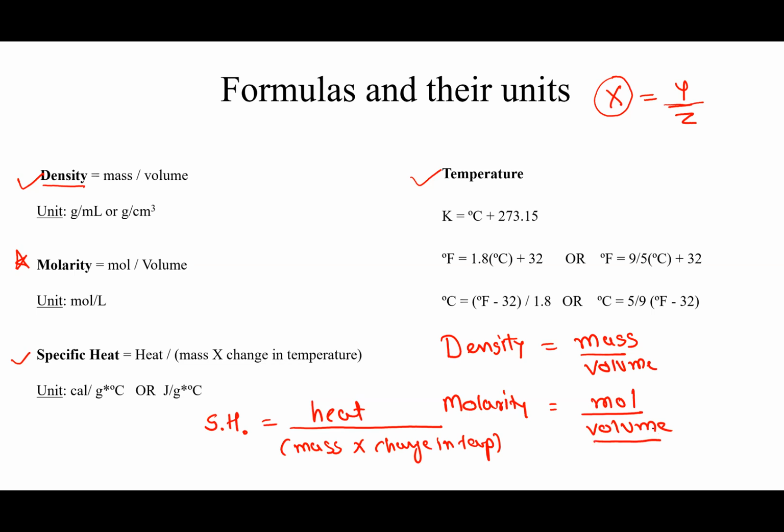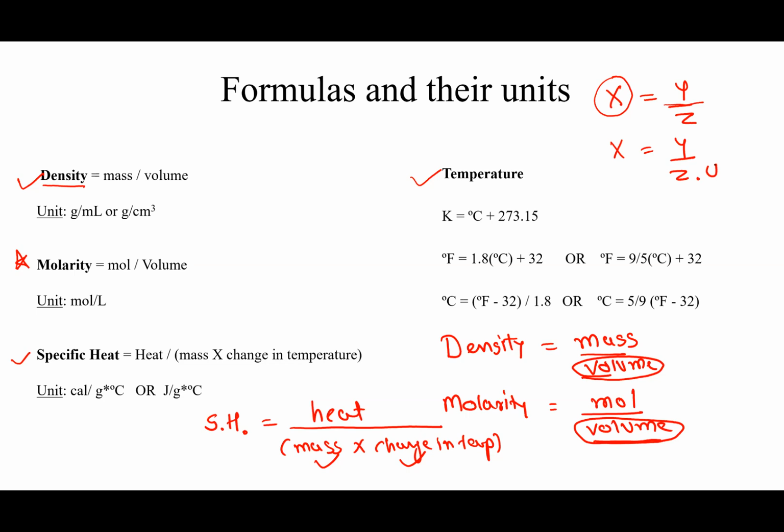Instead of just one quantity given in the denominator for both of those formulas, now we have two quantities given in the denominator. So instead of x, y, z, we can say x is equal to y over z times, we can say u, for example, right? Every time we do the math on this kind of formula, we can apply the same steps, same rules. So I'm going to talk about that.